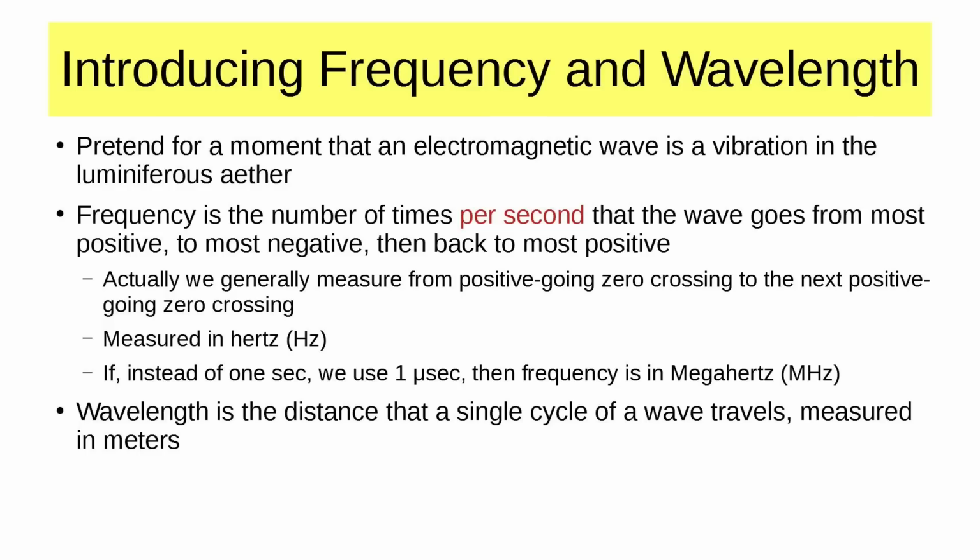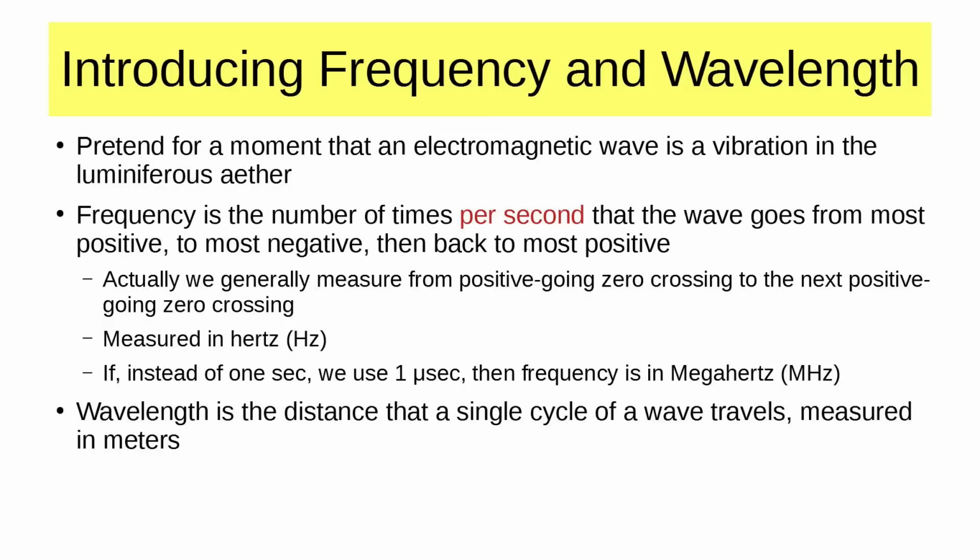Where you start to measure the wave is arbitrary, as long as you end your measurement in the same place one cycle later. Frequency is measured in hertz, after Heinrich Hertz, the one who proved that there are electromagnetic waves.